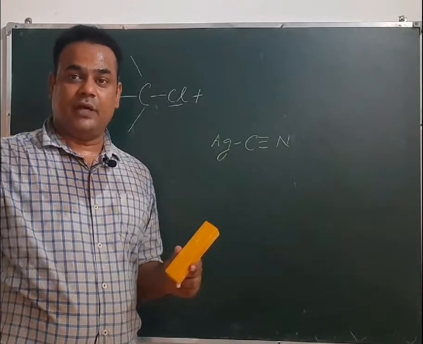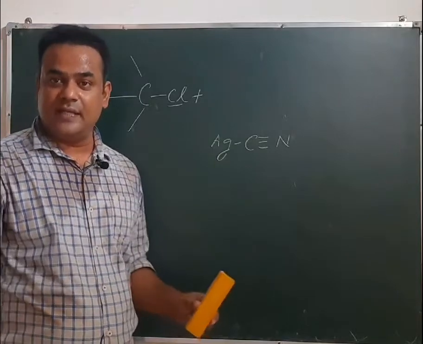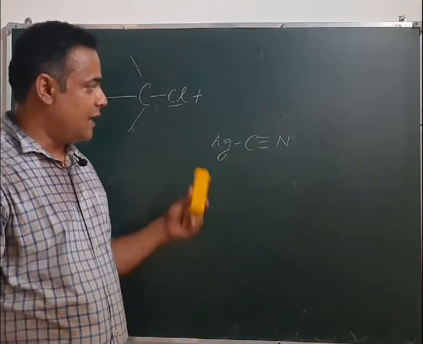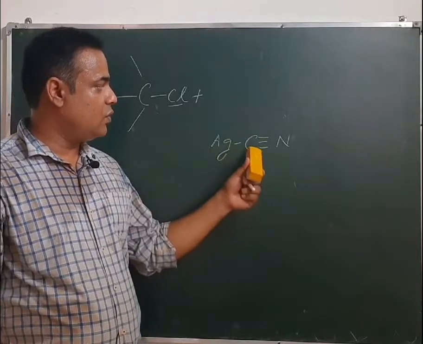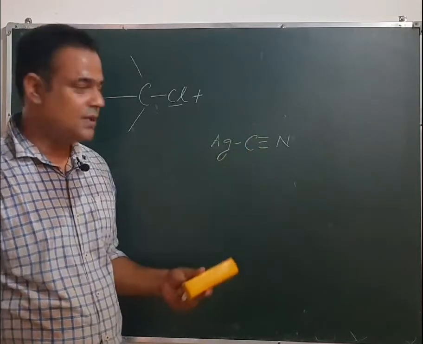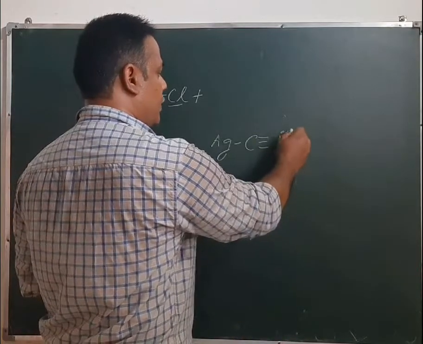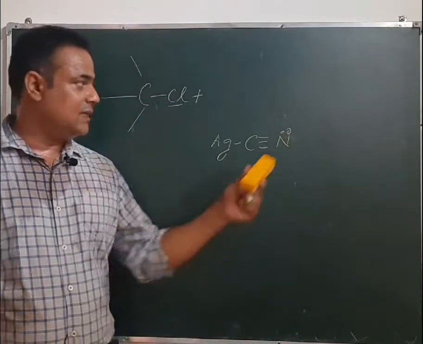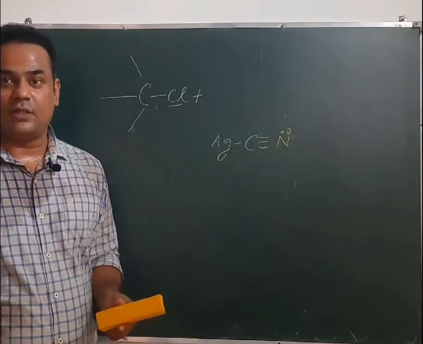So when we dissolve AgCN into a solvent, it will not dissociate into Ag+ and cyanide ion, and when it does not dissociate, there will be no negative charge on the carbon atom. Now the nucleophilic character in the molecule will be because of the unbonded lone pair of electrons of nitrogen.